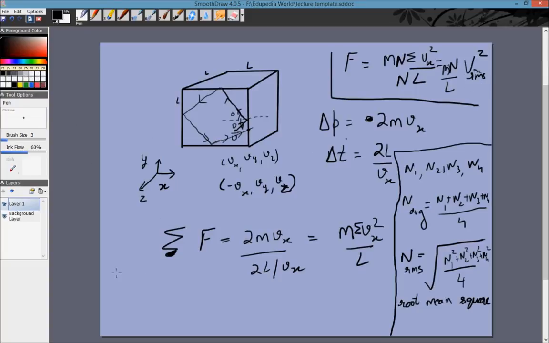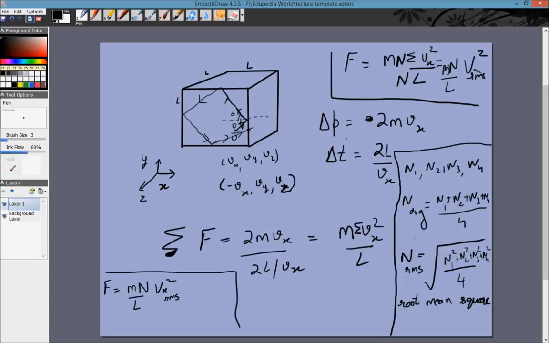I'm running out of space, sorry. So we've gotten to the part where the force is equal to small m capital N by L Vx RMS squared. Now what is Vx?